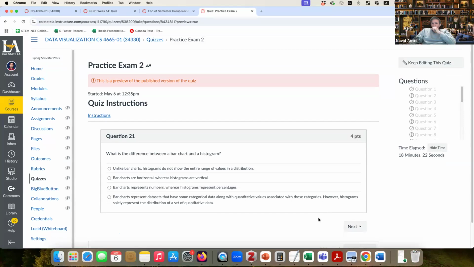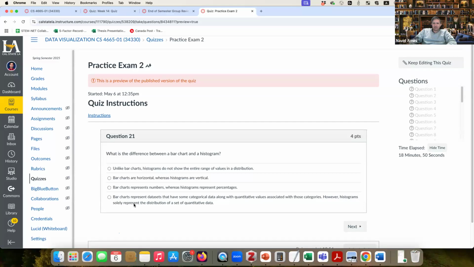Question 21, bar chart and a histogram. This is important because bar charts and histograms, if you look at them from a distance, kind of look alike, but they have a fundamental difference, and that's their purpose. When it comes to bar charts, you have some categorical data along with quantitative values.